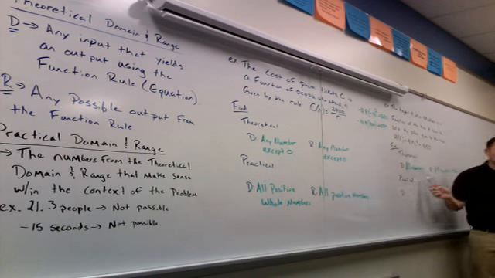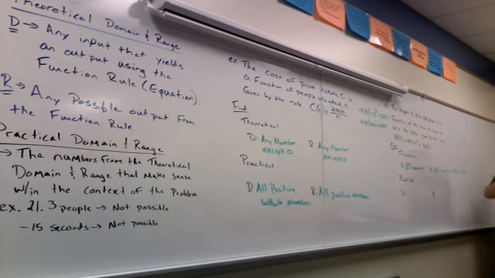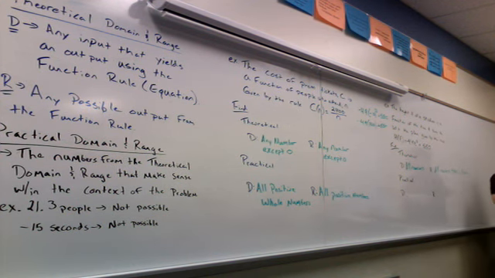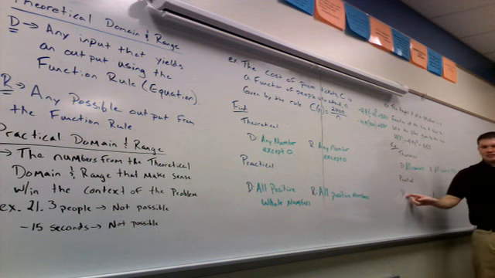we said the theoretical domain was all numbers, right? What's our input in the problem? Height or time? Time. Do all numbers make sense for our time? No, not negatives. Does a 0 time make sense? It could. That's when he starts, right? Right as he jumps out, that's 0. So our practical domain then is going to be any numbers but negatives.